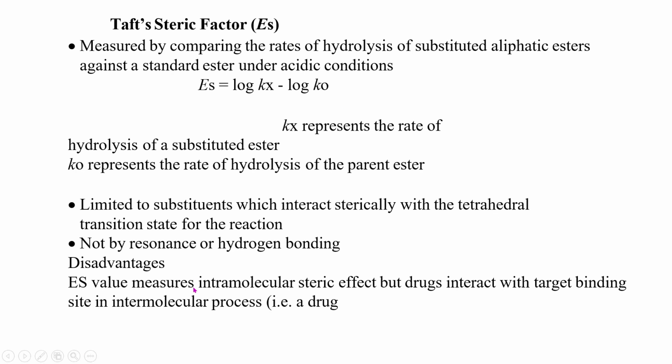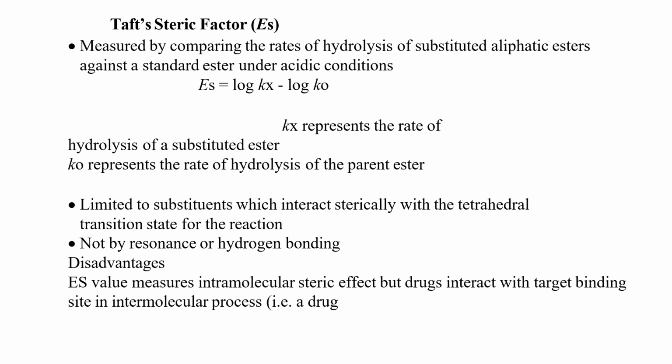Now there are some disadvantages for the quantification of the steric factor. So what is the disadvantage? The Es value, that is the Taft steric factor, measures the intramolecular steric effect, whereas the drug interacts with the target binding site through an intermolecular process.